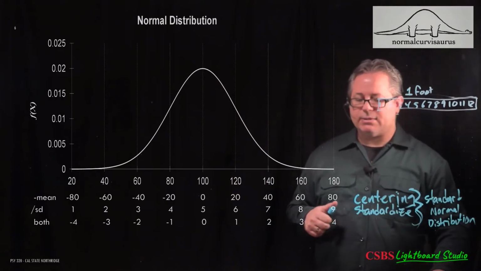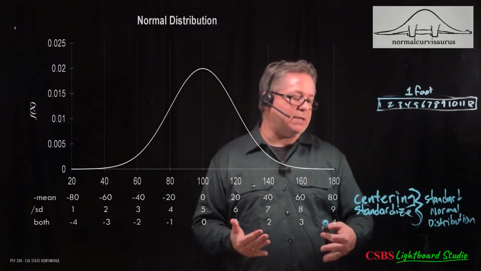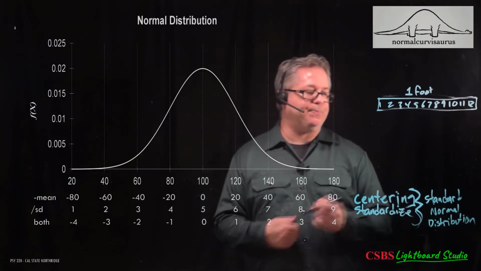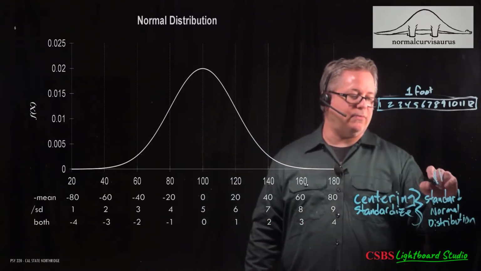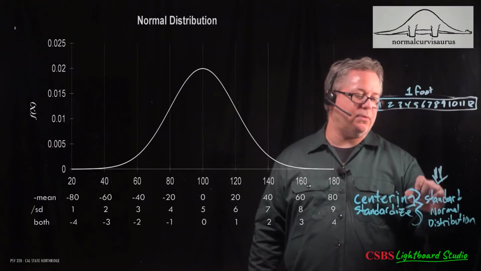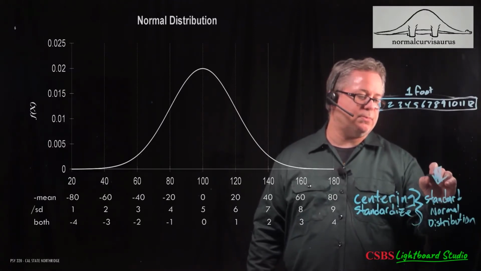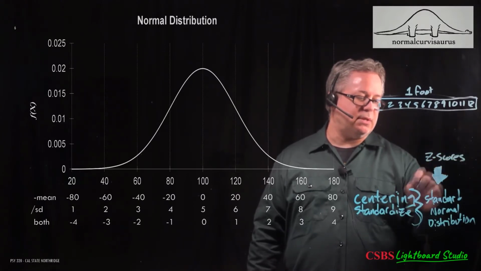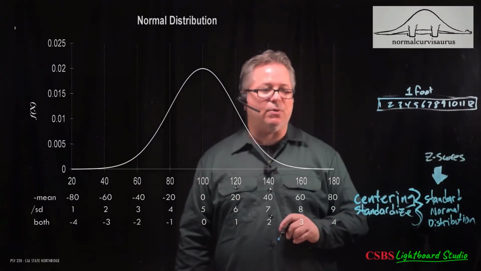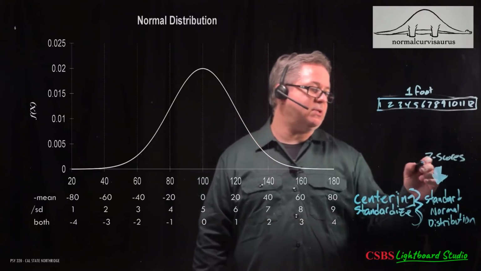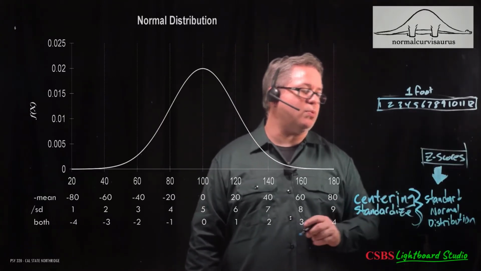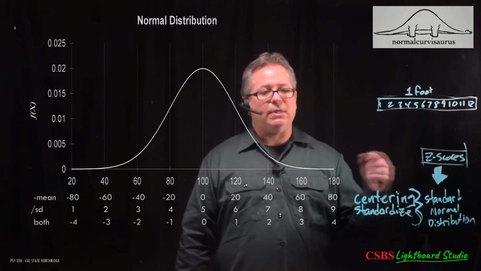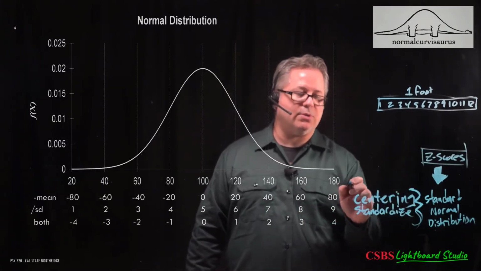So that process of centering, standardizing, creating a standard normal distribution, you might be familiar with it, is if we convert the raw scores into z-scores. So if I create z-scores out of my raw scores, that is the process of making a standard normal distribution. So z-scores are just the standard normal scores that relate to our raw scores.